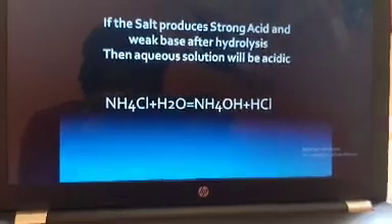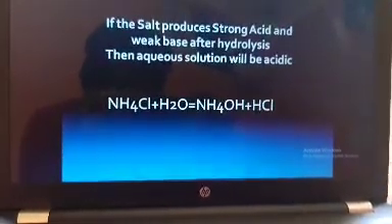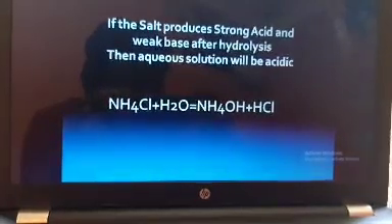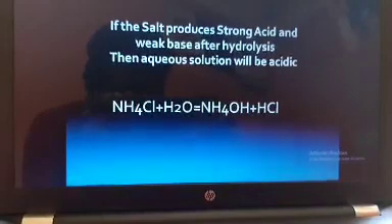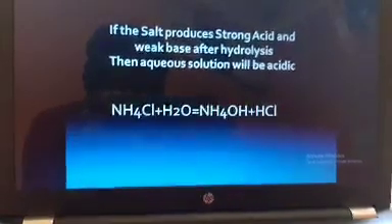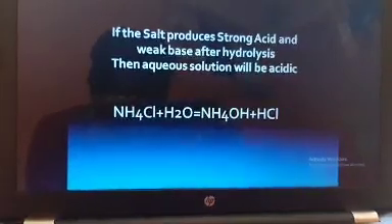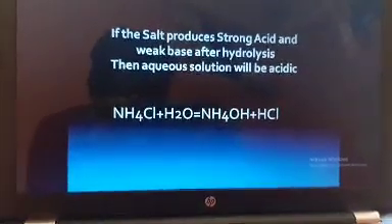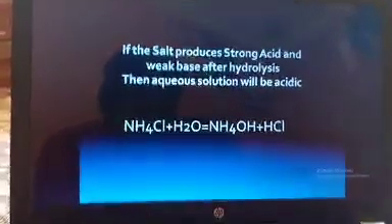NH4OH, and another product, HCl, will be produced. Now here you know that HCl is a strong acid and NH4OH is a weak base. So as HCl is a strong acid, in the solution acidic property will appear. That means the aqueous solution of NH4Cl will be acidic, that means pH will be less than 7.